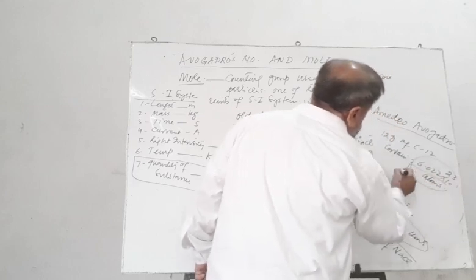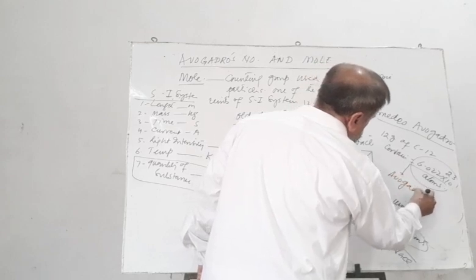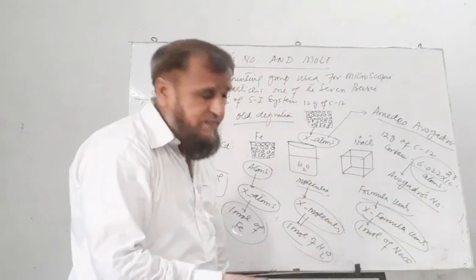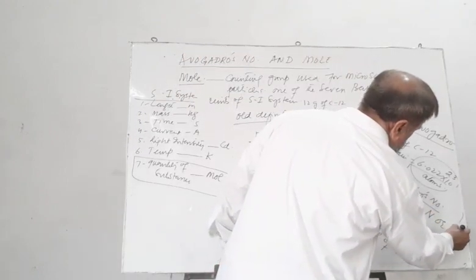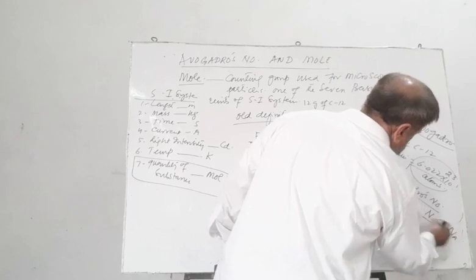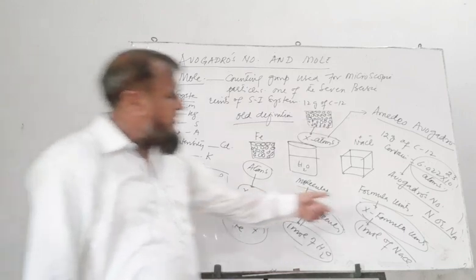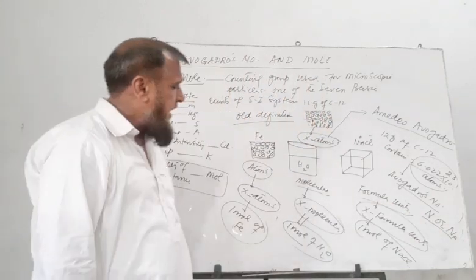This number is called Avogadro's number, because it was determined by Amedeo Avogadro, and it is denoted by N or Na. Very rarely, it is also denoted by L.